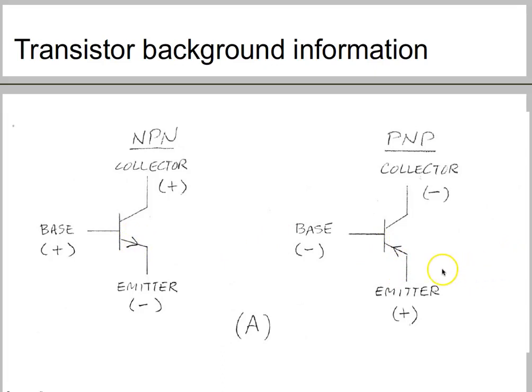Also notice that both the collector and the base are more positive than the emitter for the NPN case. Compare this with the PNP, where the emitter is negative and the base and collector both are negative.